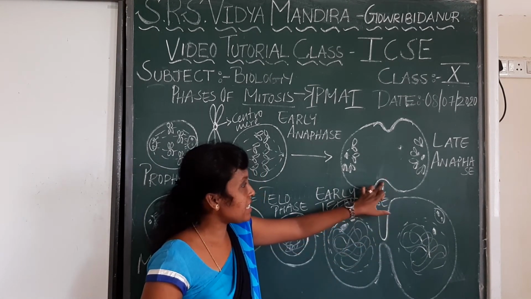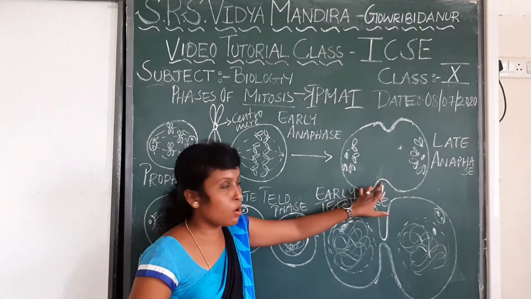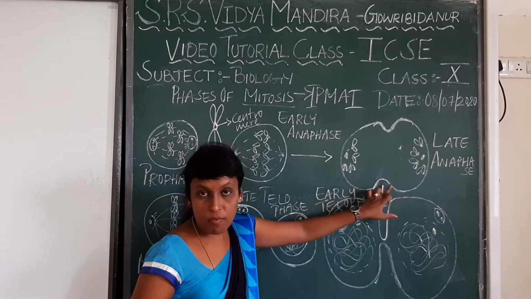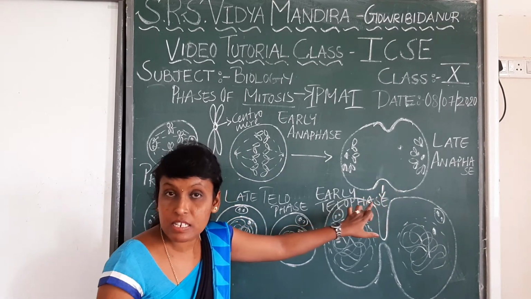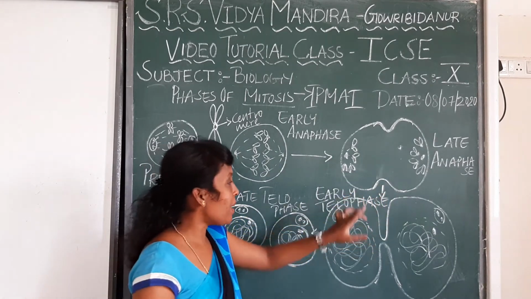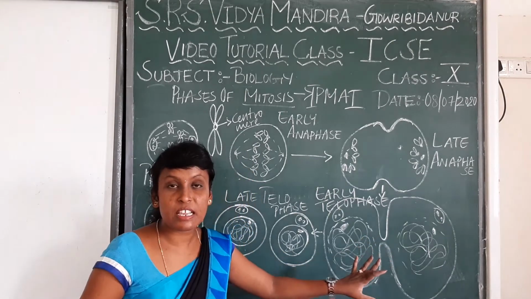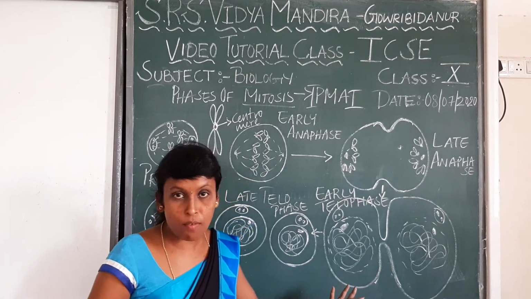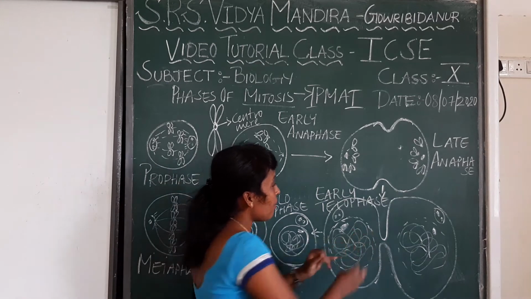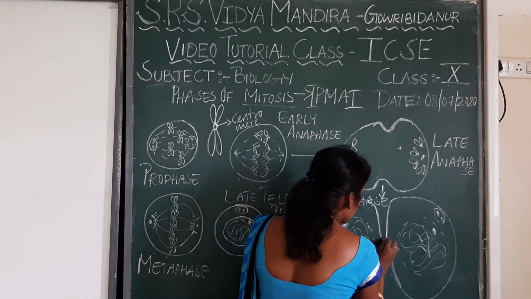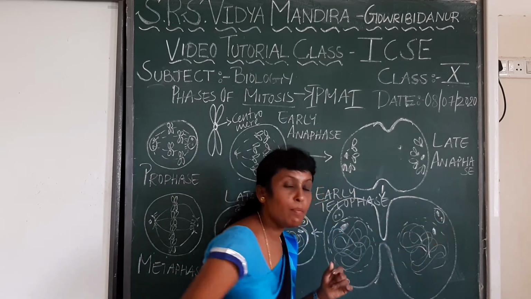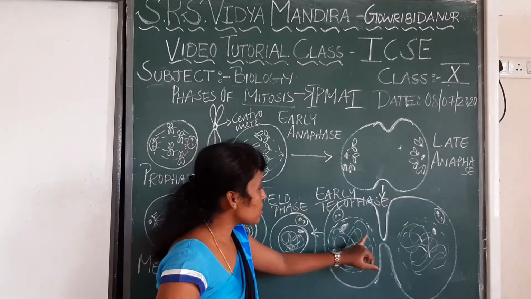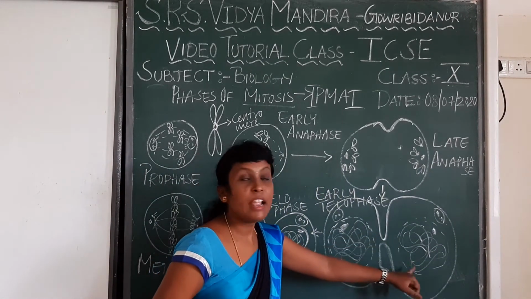You can see that in the late anaphase it has just started its furrow, it has just started the division of cytoplasm. But here in the early telophase, it is going to complete the division of cytoplasm also. The furrow deepens, the centrosomes move to each side, and the nucleus is also getting divided.